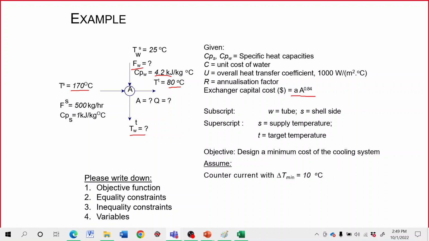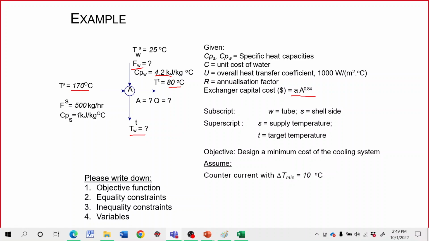That cost consists of the cost of water, the cooling water, and the capital cost of the exchanger. So these two costs, and then the equality constraints in this case.